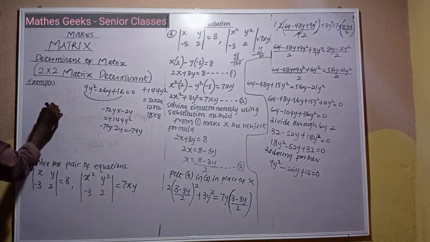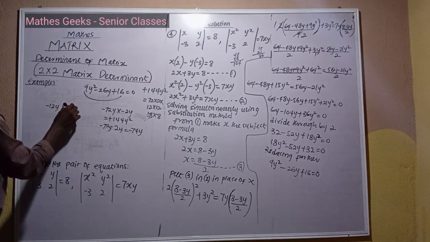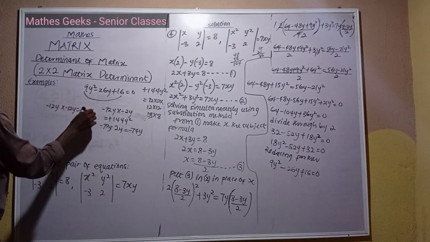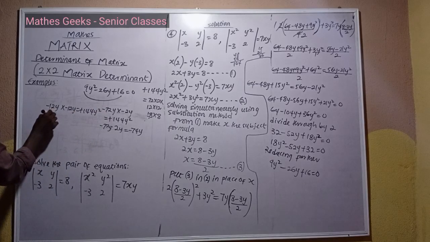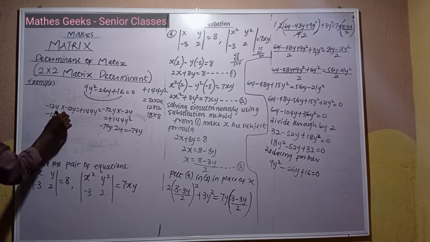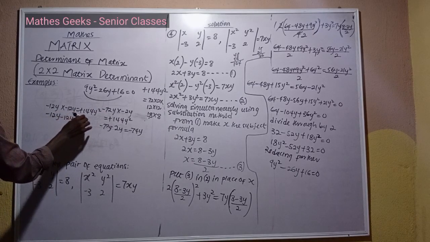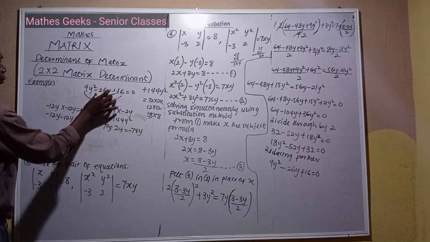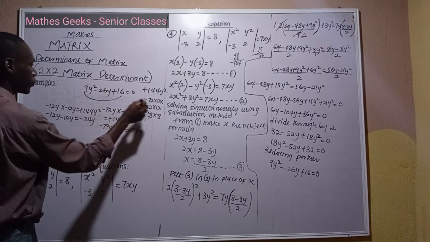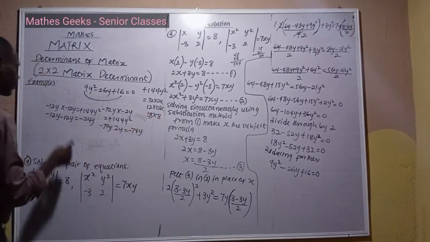Let's try minus 12y times minus 12y, which is plus 144y squared, but minus 12y minus 12y gives minus 24y. But we have minus 26y, so these two factors are out.